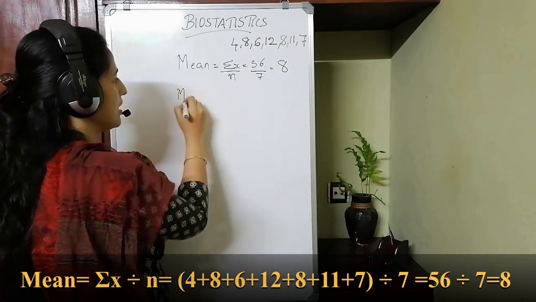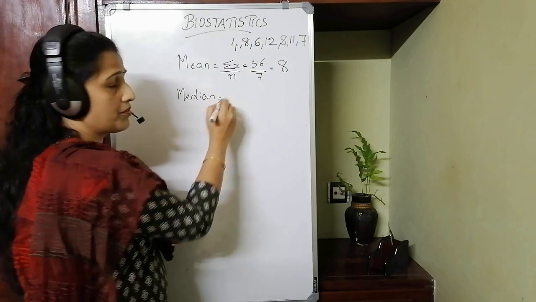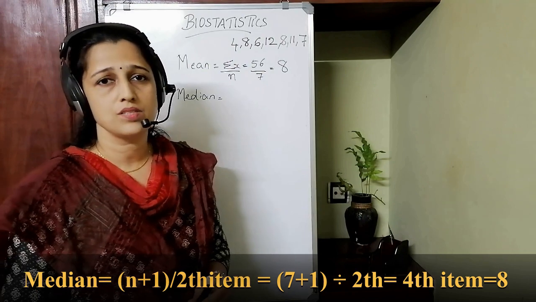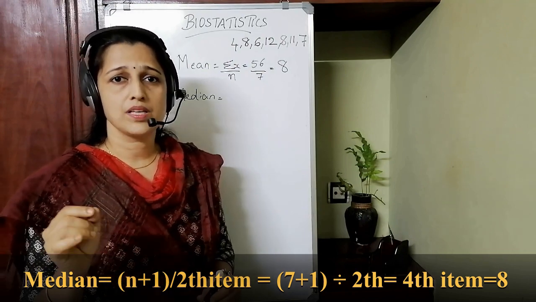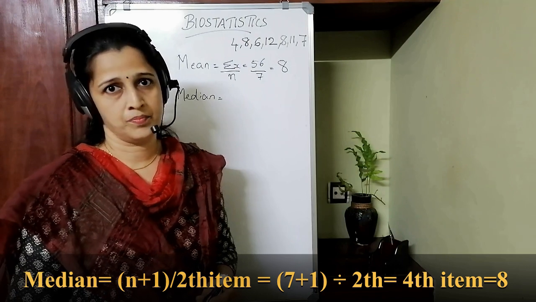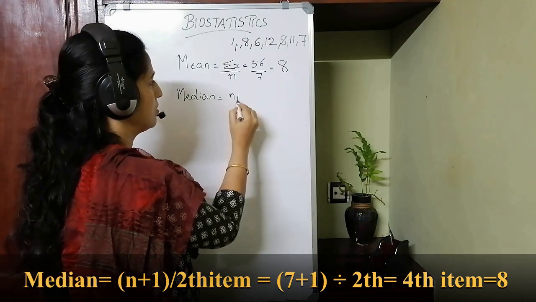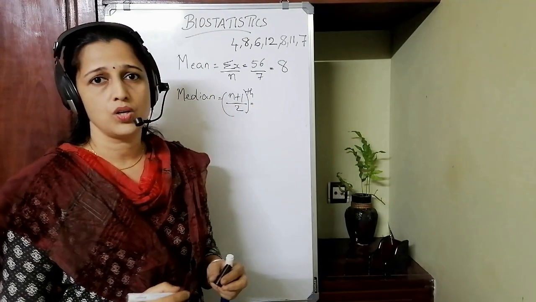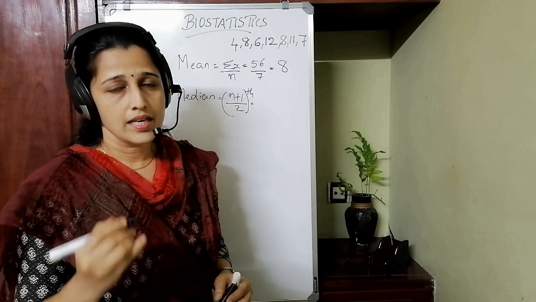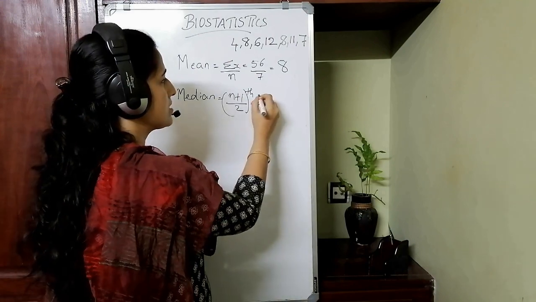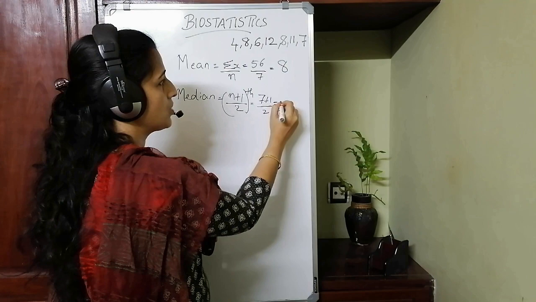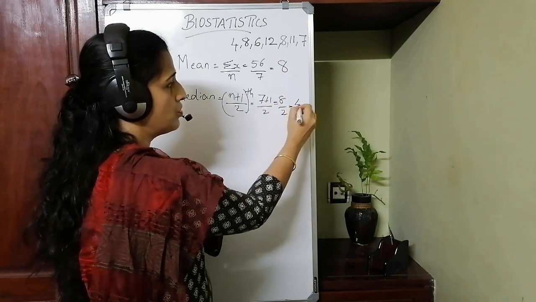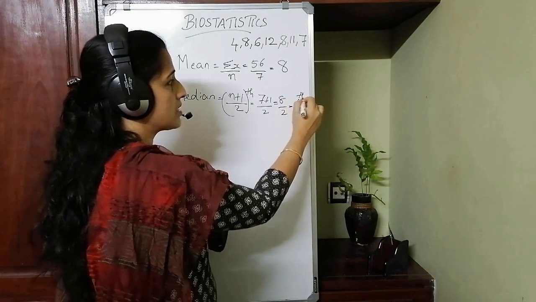Next is the median. In the previous tutorials we learned how to compute the median, and since this is an odd number of observations, we find it by using the equation (n plus 1) by 2 th item. Here n plus 1 is 7 plus 1, divided by 2, is equal to 8 by 2, that is equal to 4, or the fourth item.